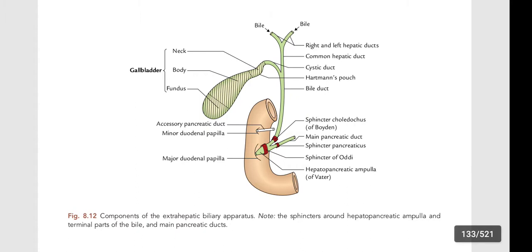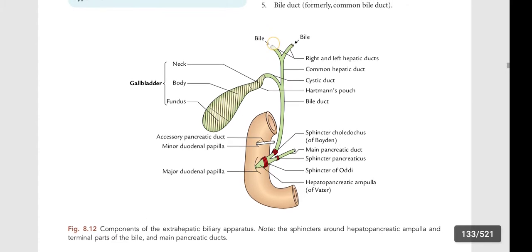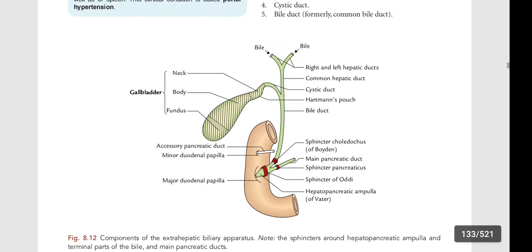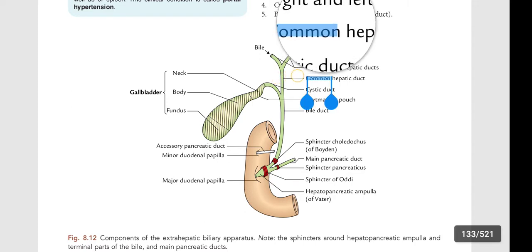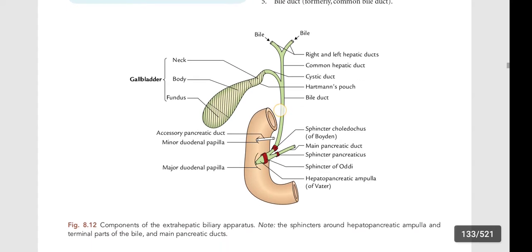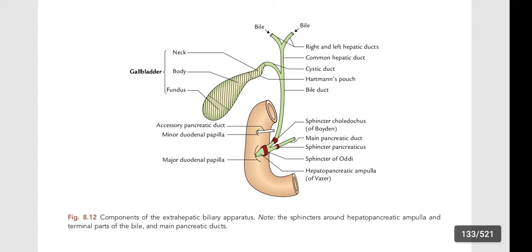This figure shows the components of the extrahepatic biliary apparatus. Okay, this is the right and this is the left hepatic duct. This is the common hepatic duct, and this is the cystic duct. This is the bile duct, formerly the common bile duct.